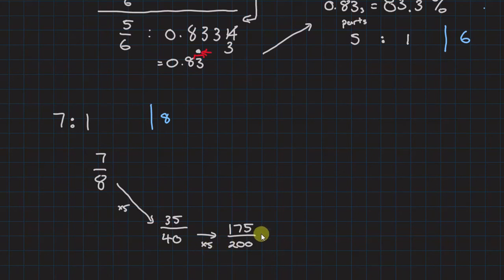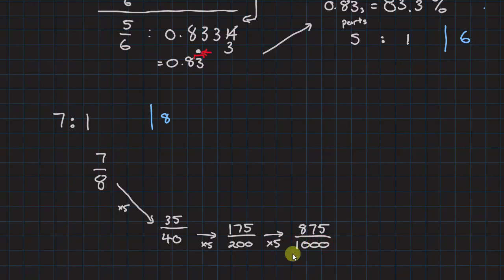I've got a 200. Let's multiply by 5 again, and that gives me 875 over 200 times 5, which is 1000.